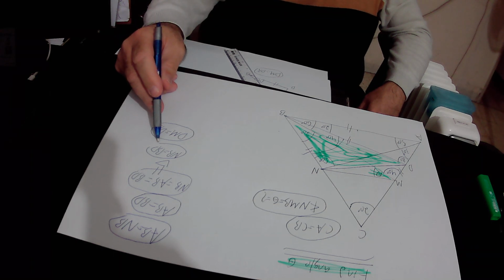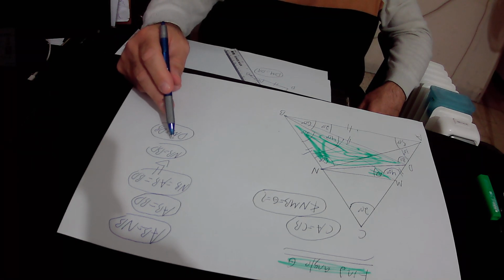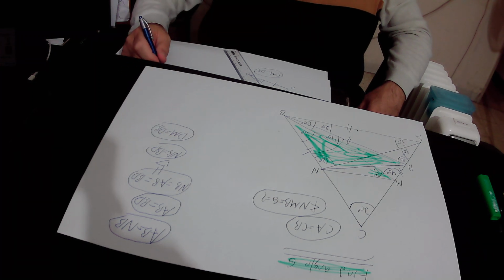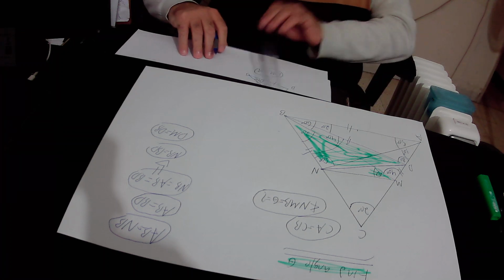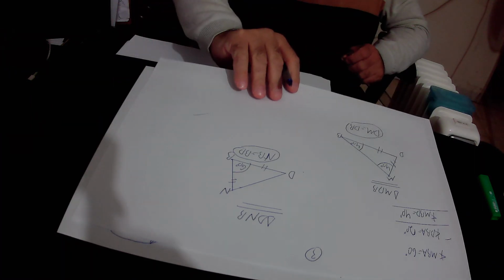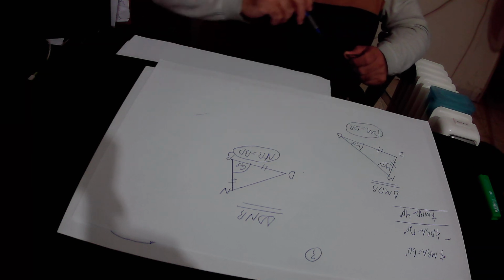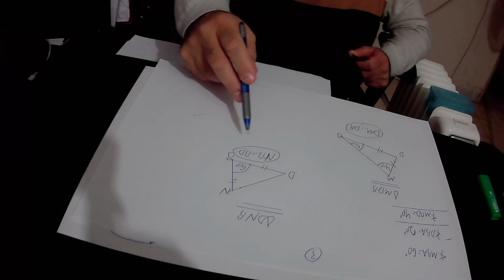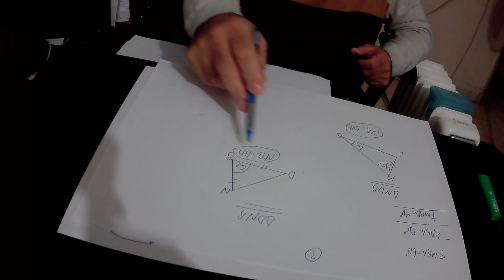Here, side DB equals side BD, side NB equals side BD, NB equals BD. So this is triangle NBD that I copied from the original drawing. I repeat again that angle NBD equals 60 degrees and side NB equals side DB.